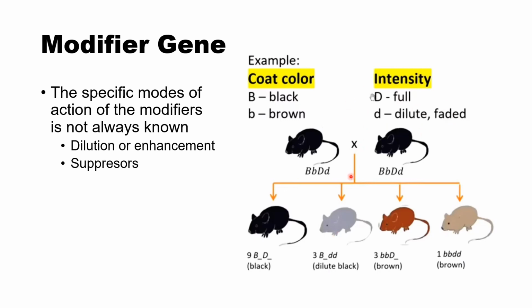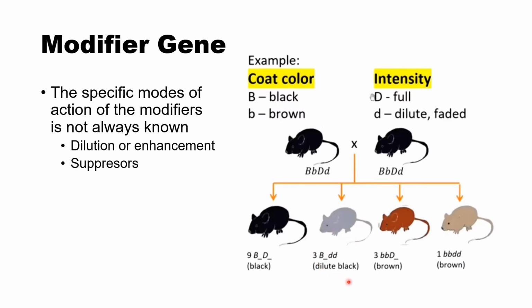Since it modifies, it dilutes the expression of another gene. So, kumbaga, dapat itong animal na to, dapat yung nakikita natin is kulay black, yung coat color, nung tatlong mice na yun. Pero dahil dito sa presence ng modifier gene na to, it diluted yung black color. So, naging parang gray na siya.